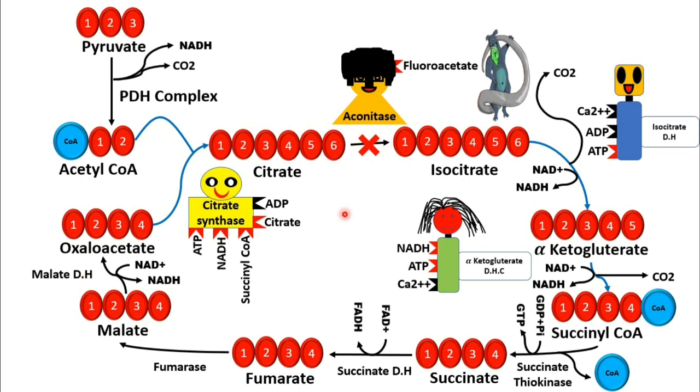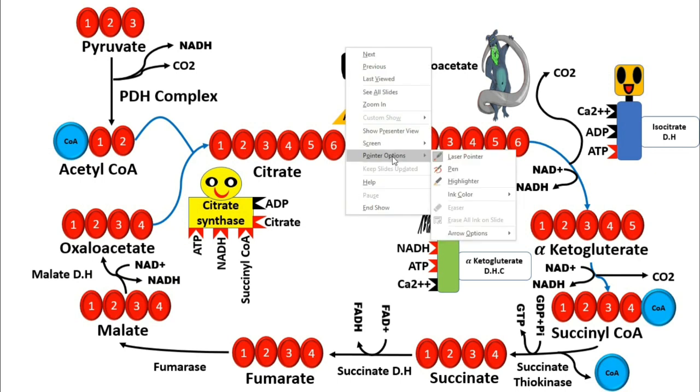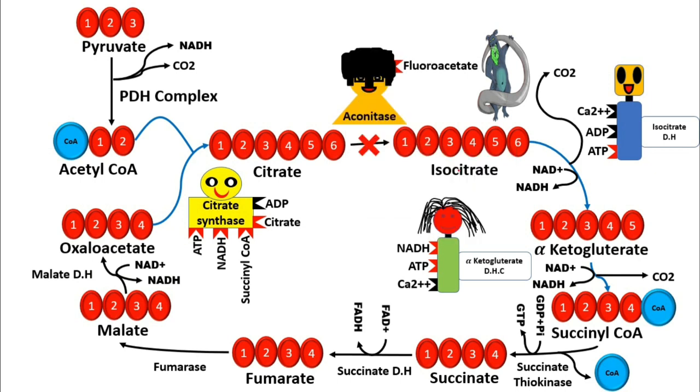Now let's count what we produce during the process of Krebs cycle. So let's count the number of NADH we have. Here we have 1 NADH, 2, and 3. We produce 3 NADH per cycle. And then let's count the number of GTP or ATP.